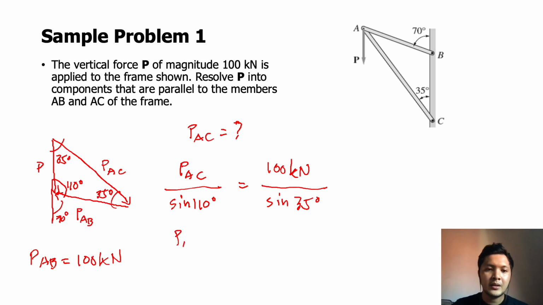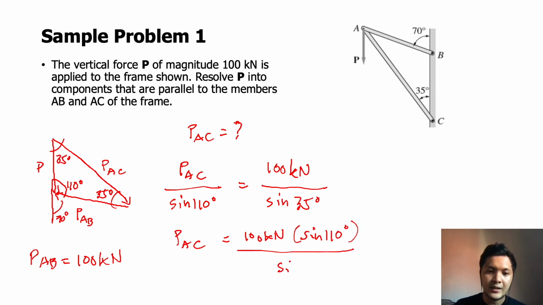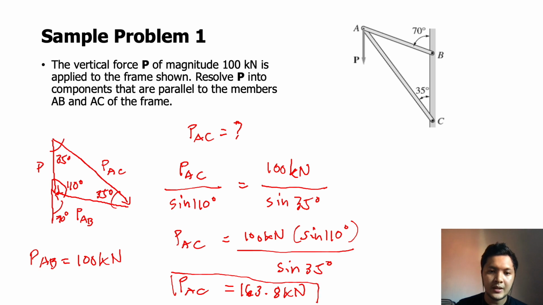So therefore PAC is equal to 100 kilonewtons times sine 110 degrees divided by the sine of 35 degrees. So this would be equal to 163.8 kilonewtons. So PAC is 163.8 kilonewtons. So those are the components of P that are parallel with AB and AC.